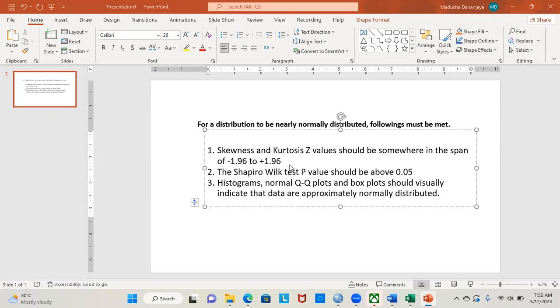I'll talk about this later. The second, the Shapiro-Wilk test P value should be above 0.05. And the third, histograms, normal QQ plots, and box plots should visually indicate that data are approximately normally distributed. So we'll check one by one.